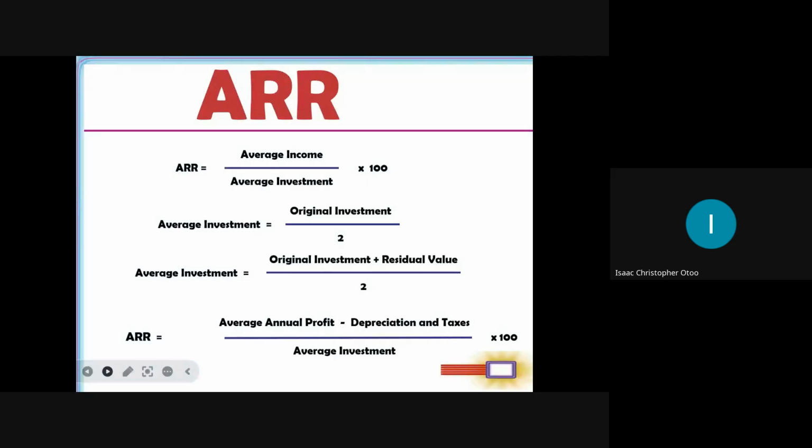So therefore, the accounting rate of return is equal to average annual profits, where all the profit will be averaged minus depreciation and taxes, if there are any, then divided by average investment. And now we know how to arrive at average investment.